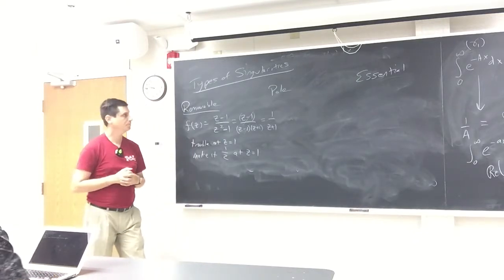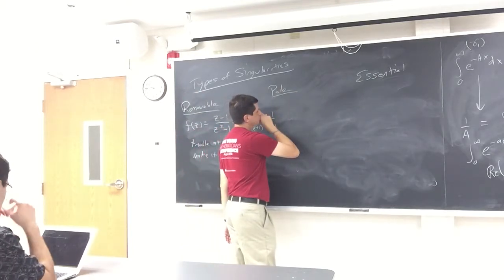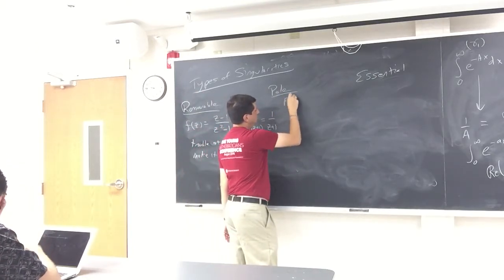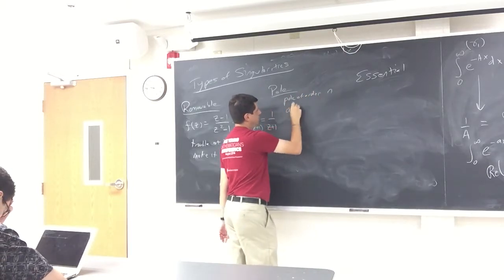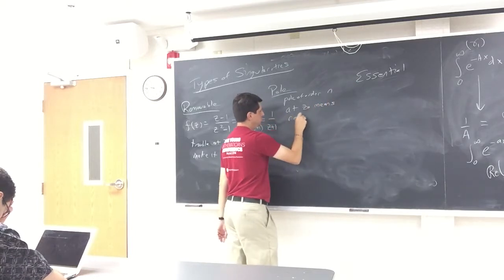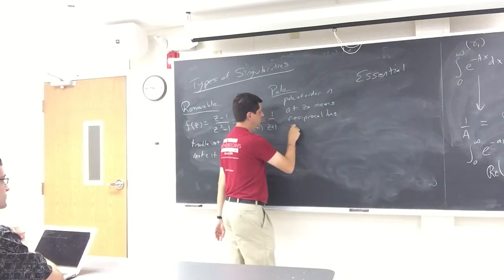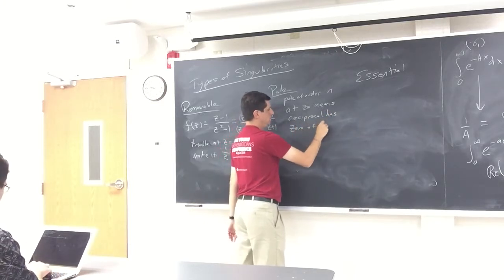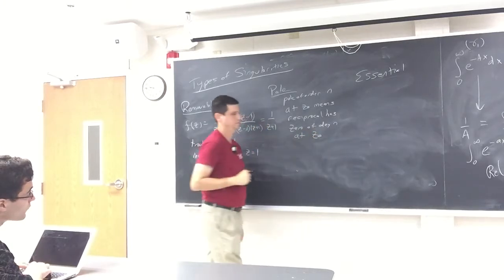Everything will work out. So, a pole of order n at z0 means the reciprocal has a 0 of degree n at z0.